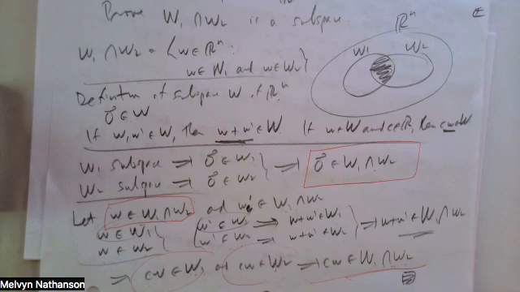Can we write that notationally like how you did? Or do we have to write out the words saying that W is in a subspace, so that implies CW is also in the subspace? No, you're certainly allowed to use mathematical notation.